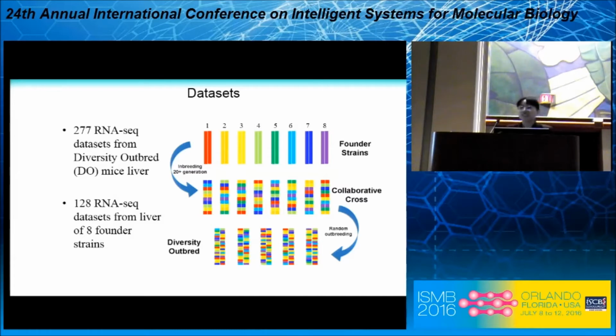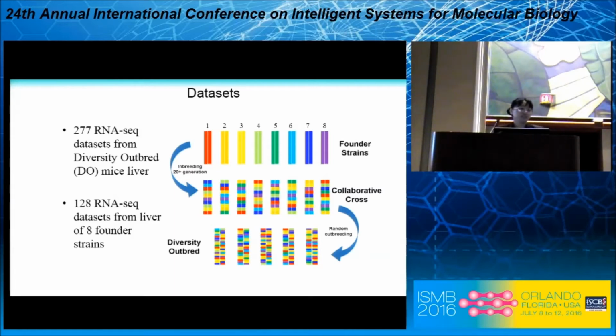So we carefully selected 8 strains, including 3 wild-derived mouse strains, to enrich the polymorphisms. First, we inbred those mice, and then outbred them. In the end, we got the DO mouse, and their genomes are a mix of the 8 founder strains.